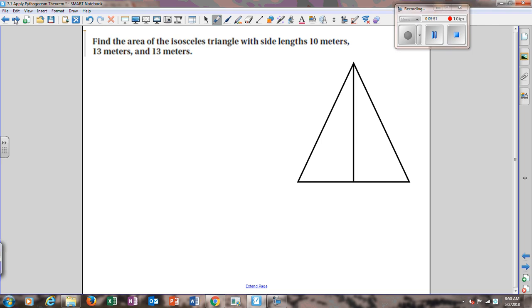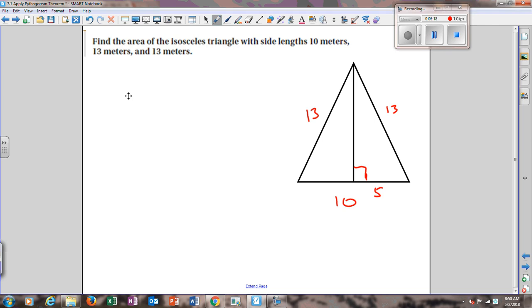Find the area of the isosceles triangle with side lengths 10 meters, 13 meters, and 13 meters. If it's isosceles, that would be 13 and 13, and your bottom would be 10, right? So then this line here creates the right triangle, which means this piece is 5.